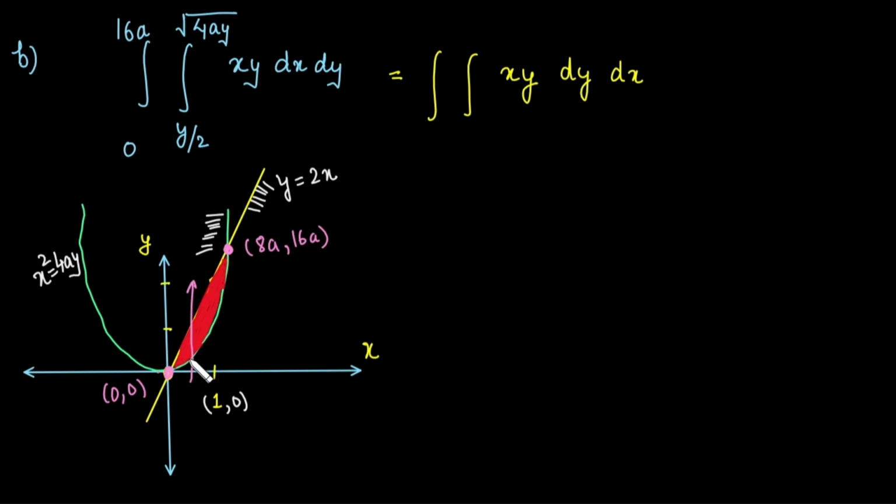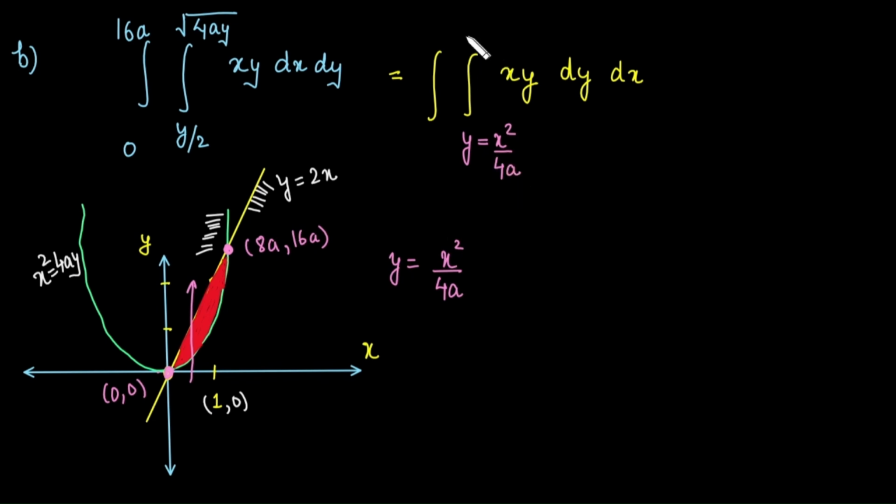This curve is basically x square is equal to 4ay. And what is the value of y in this case? As we need the limits of y, we need to find the value of y from here. From here, y is equal to x square by 4a.